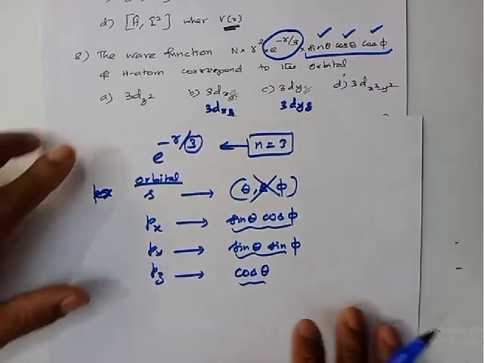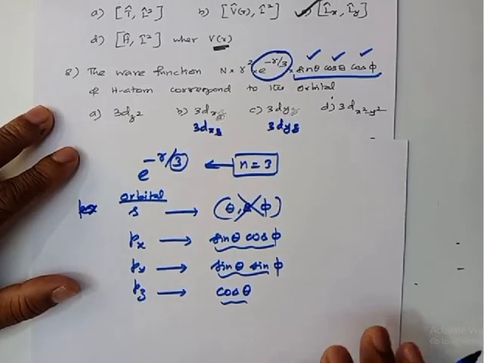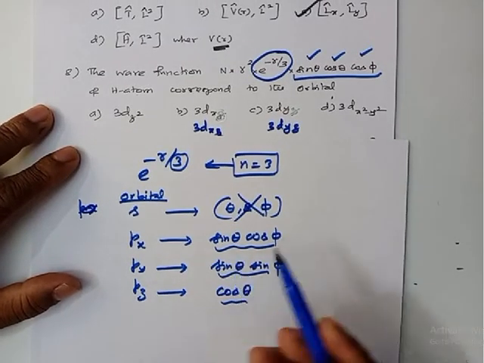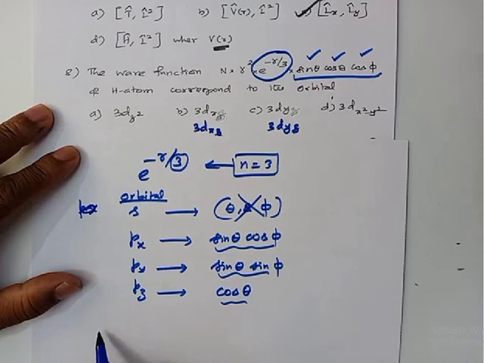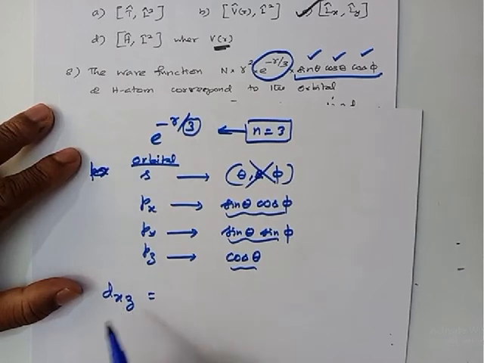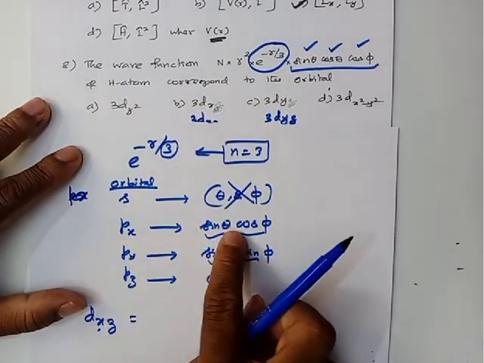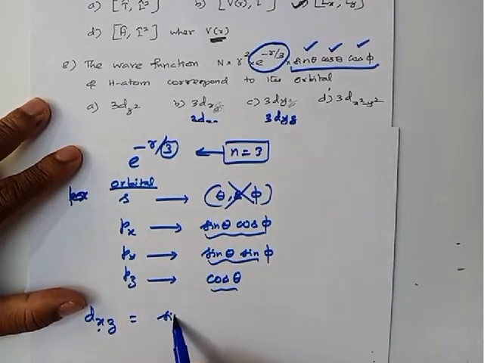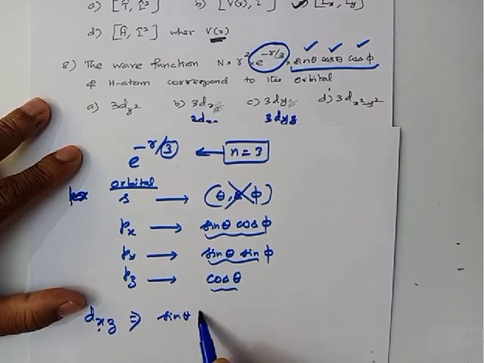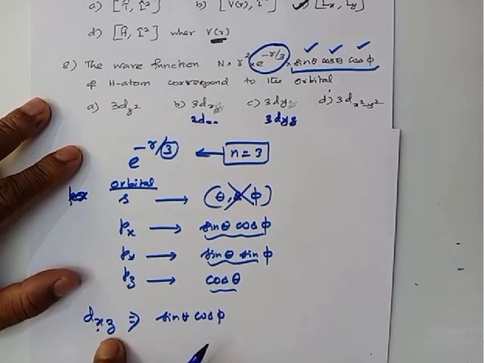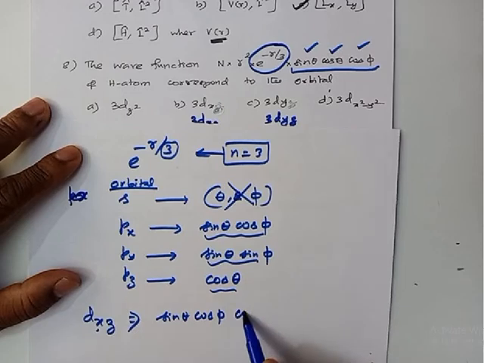Which d orbital does it correspond to? Suppose I take dxz. Why am I taking xz? Whenever x is there, the function should contain sin theta cos phi, and for z the function should contain cos theta.